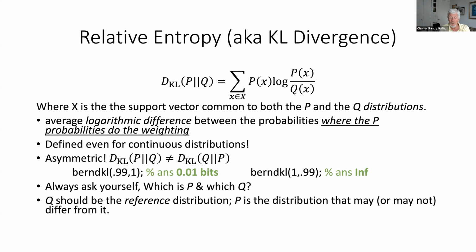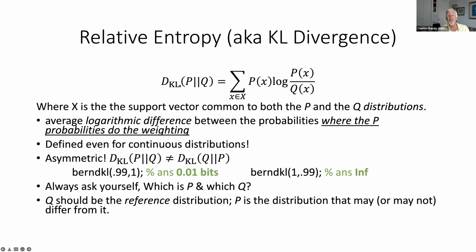And if you're using an efficient code for the marginal distribution, when you now use that same code to encode data that come from the conditional, the joint distribution, you will be wasting memory and channel bandwidth, right? You will be encoding things very inefficiently. And this measures how inefficient you are.